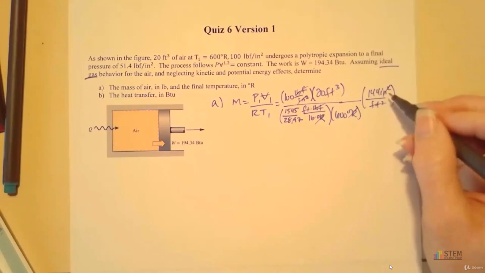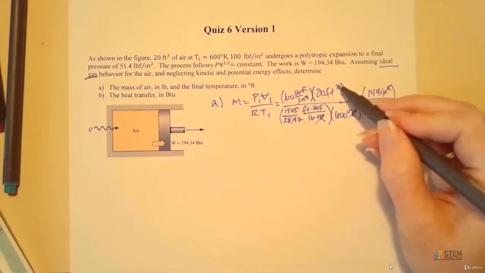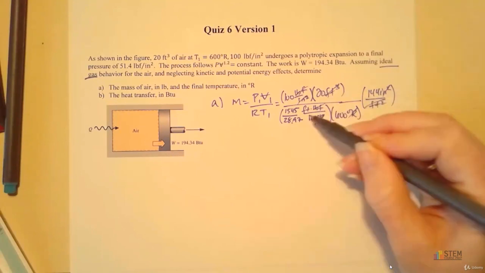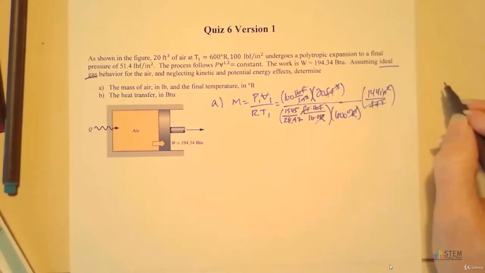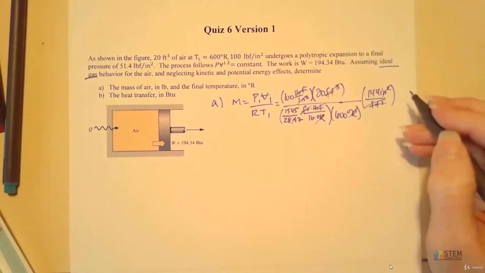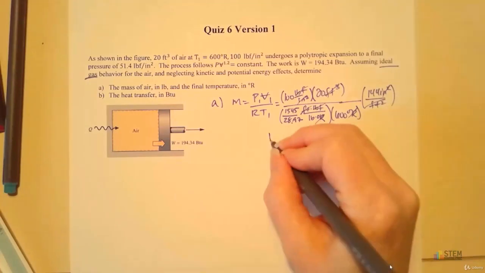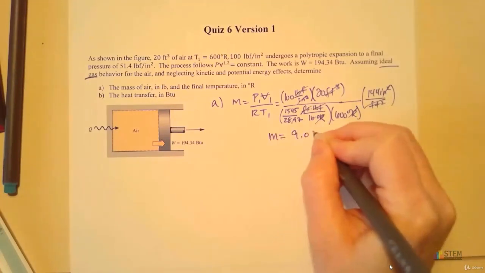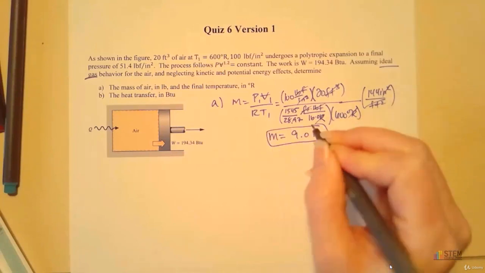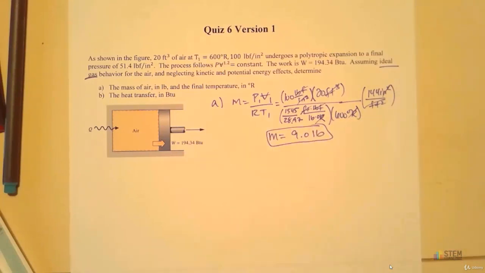And then that will also help us get rid of the feet. Okay, so now you got that. Now, once you solve for M, you're going to get 9 pounds. So there's your first answer.